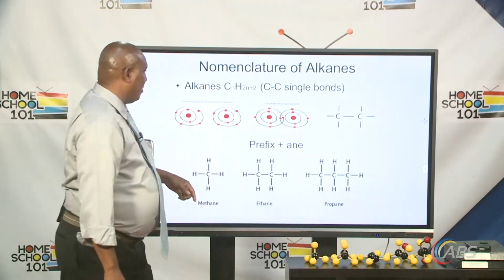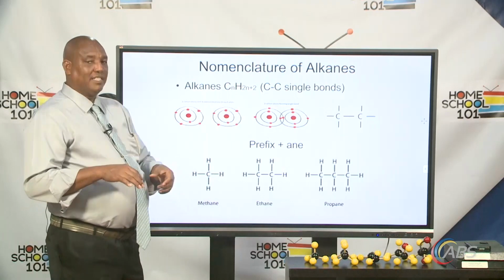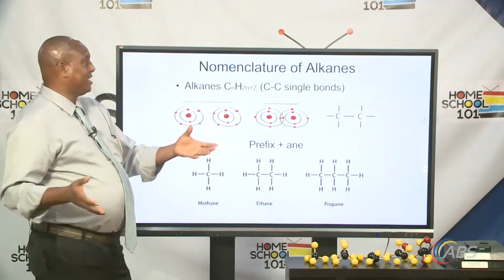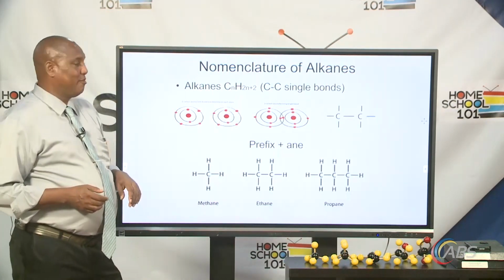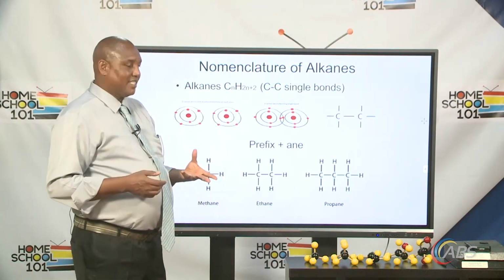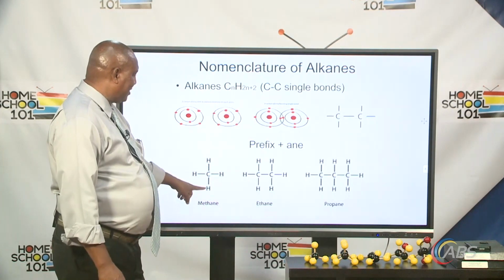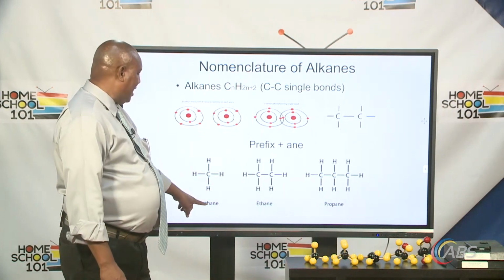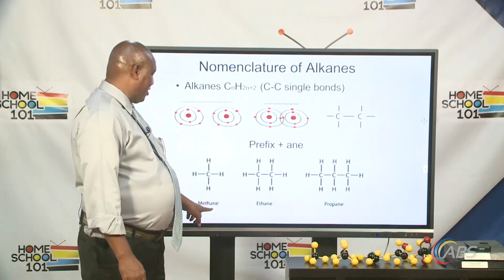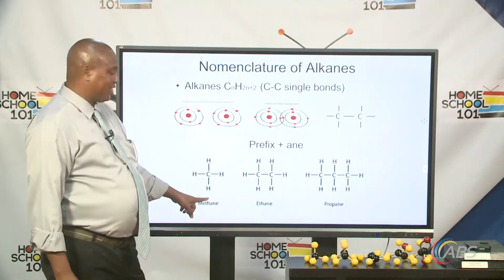Now, we said the prefix is the first name, and the family name in this case for alkanes would be ane. So the surname would be ane. The prefix, the first name, meth: methane tells us that we have only 1 carbon atom in this molecule. Meth, the first name, ane, the second name or the surname.